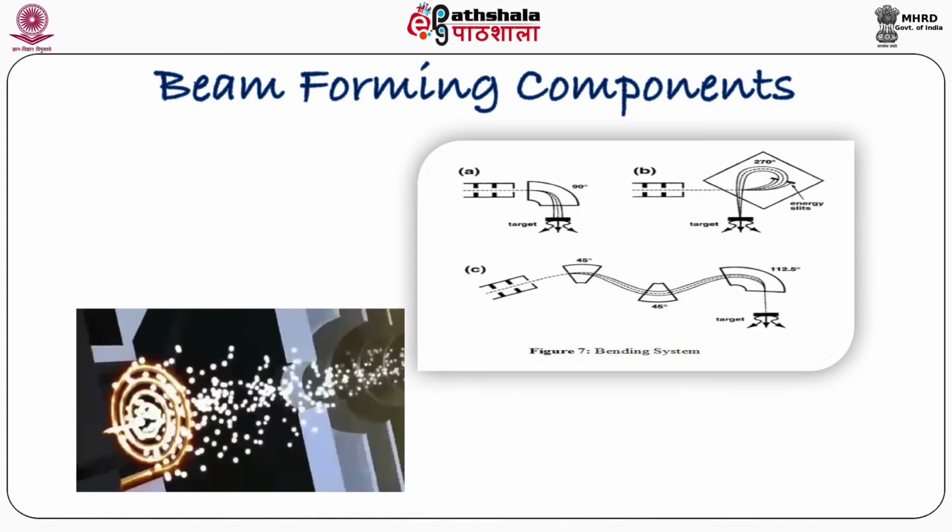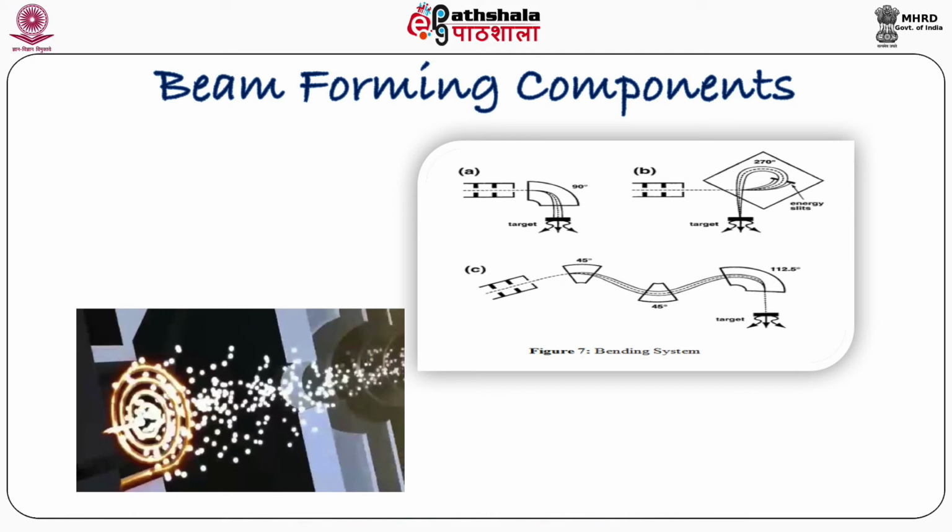Now here in the figure, we can see the electron source filament from where electrons come out by thermionic emission. On the right hand side of this figure, we can see the electrons are accelerated, moving along the waveguide, and finally with the help of a bending magnet, these electron beams are bent towards the target.